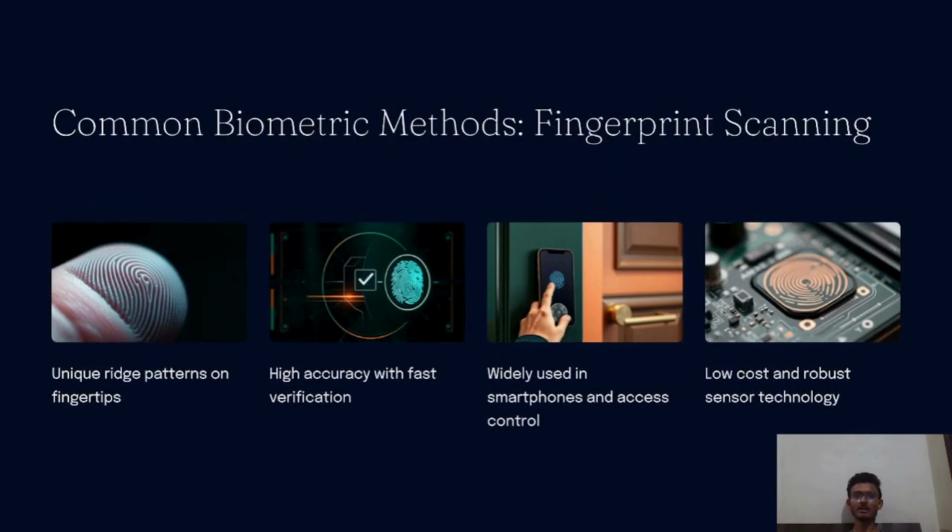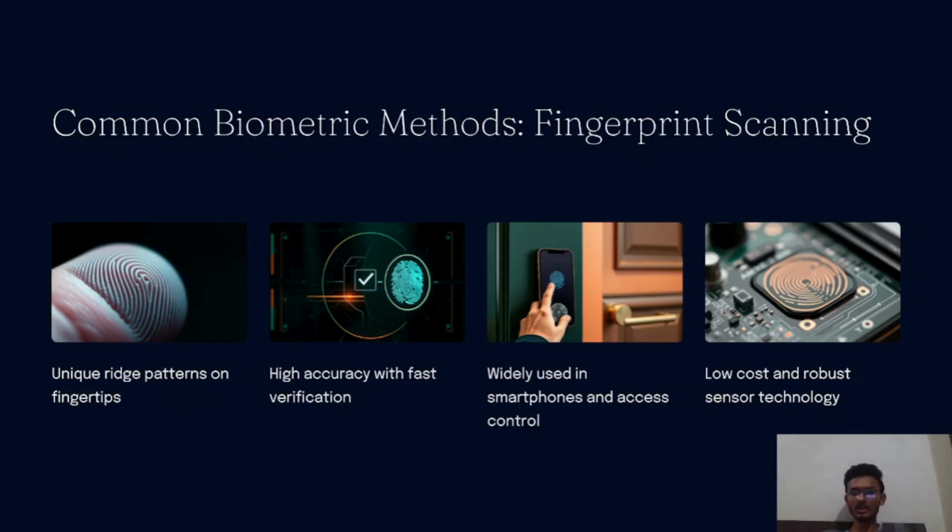Now we are discussing the common biometric methods, starting with fingerprint scanning. As I discussed, all people have a unique ridge pattern in their fingerprints. It also offers high accuracy and faster verification.